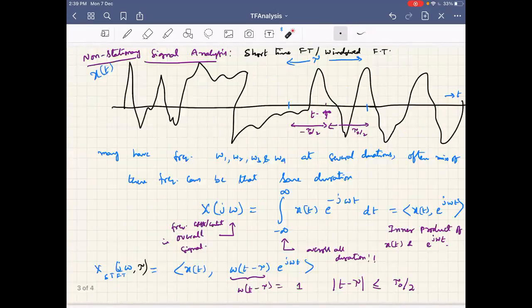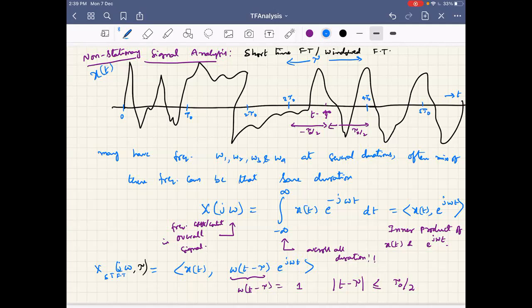Say we break this into duration 1, from 0 to tau naught, then 2 tau naught, 3 tau naught, 4 tau naught, 5 tau naught, and so on.